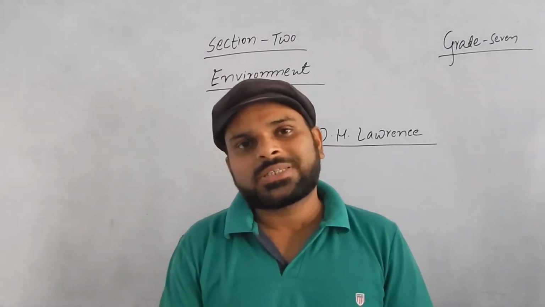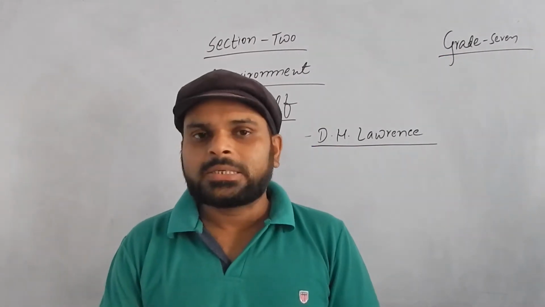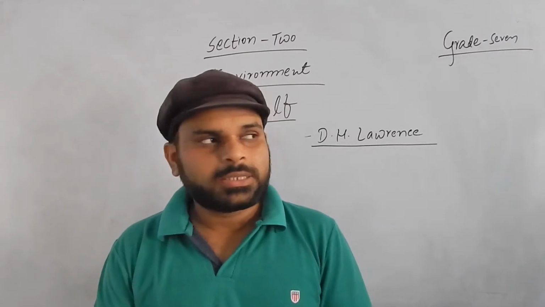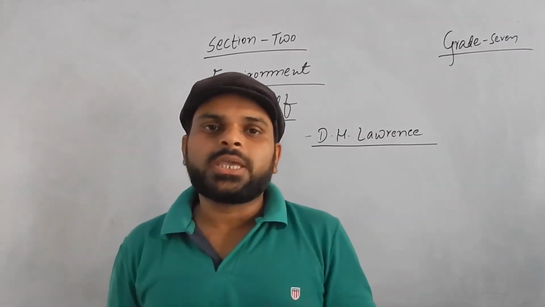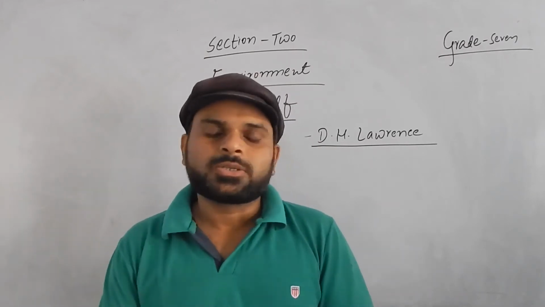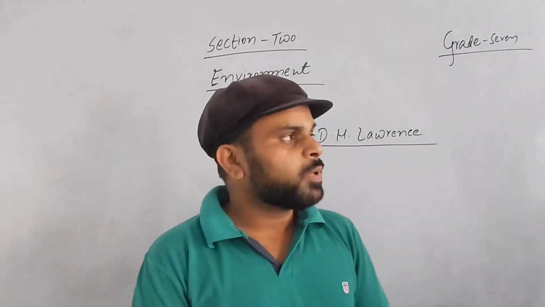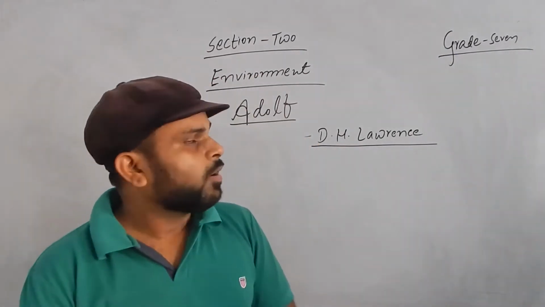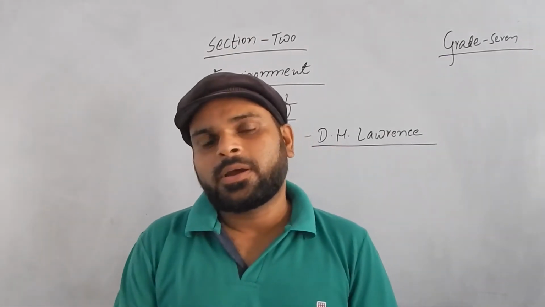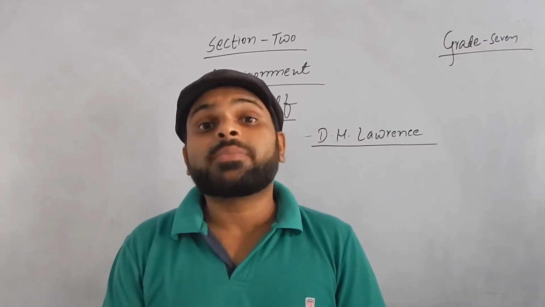I told you previously, in this book there are main thematic sections that have a concrete theme upon their subsections, sub chapters. In this way, the story Adolf is somehow related to environmental issues.